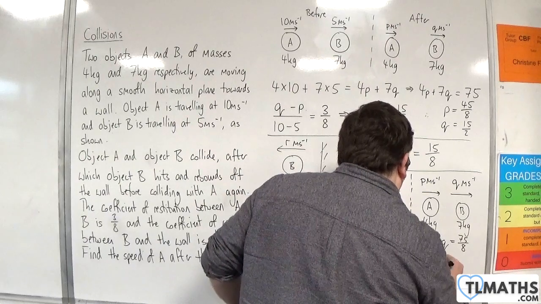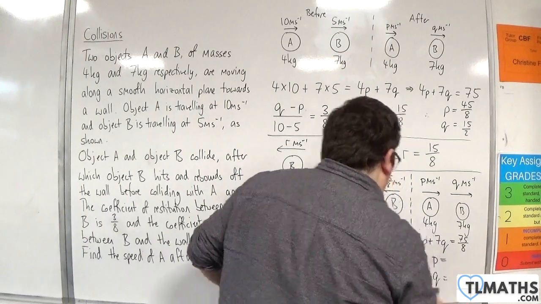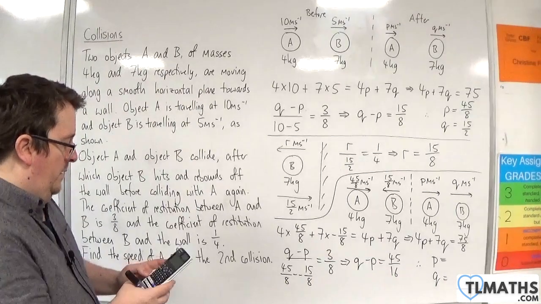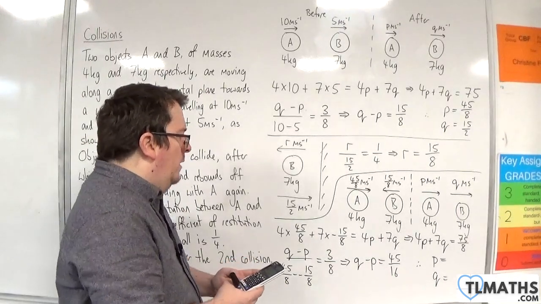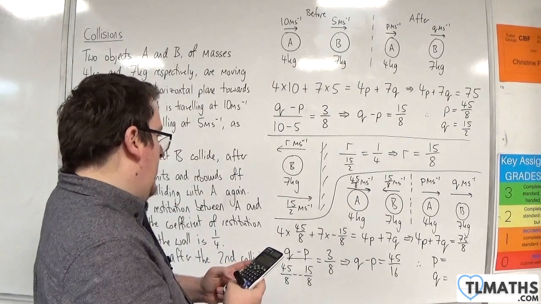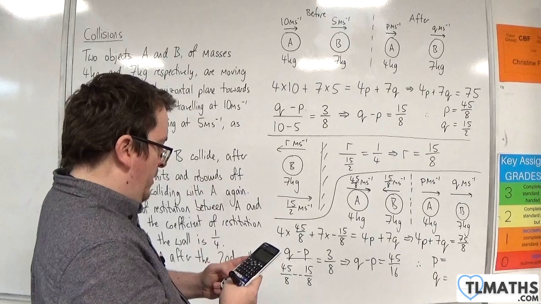So therefore we can work out P and Q. Using our simultaneous equation solver on the calculator, we have 4, 7, 75 over 8, and then we've got minus 1, 1, and 45 over 16.